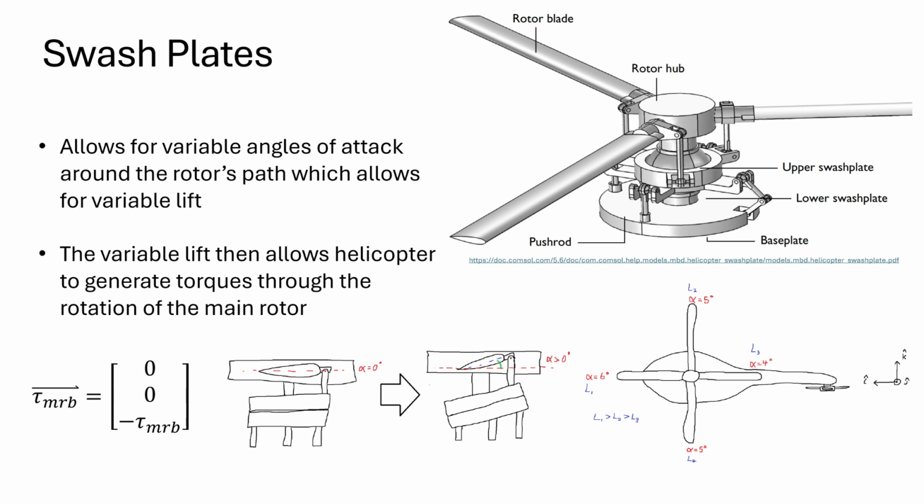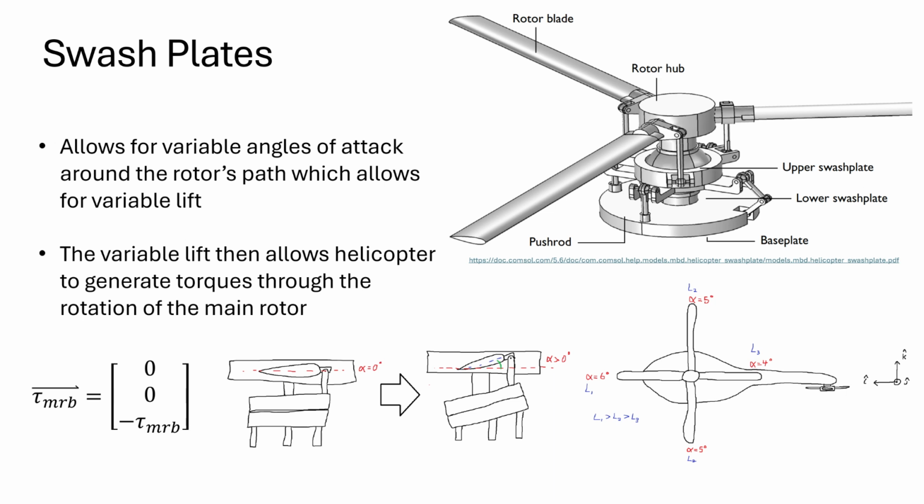So essentially how the system works is the bottom plate is pushed up and down, and that allows us to force a rotation on the helicopter blades whenever they spin to that area of the swash plate. So this essentially allows us to cause the angles of attack of the helicopter blades to change at a specific point in their rotation.